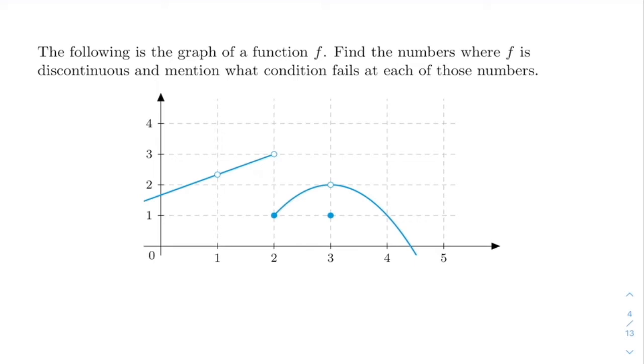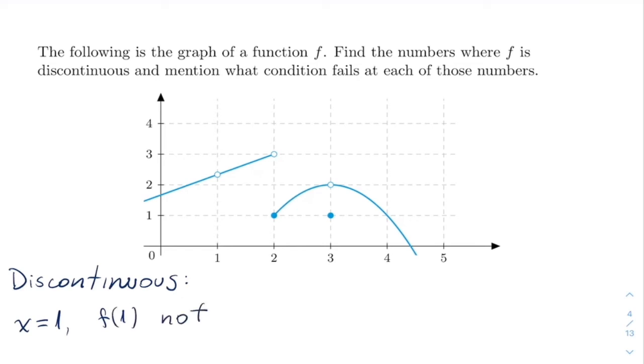Let's try to see this definition in an example. So here we have the graph of a function f, and we need to decide where it is continuous and where it is discontinuous. So notice that the first point where it fails to be continuous is at x equals 1, because the first condition fails. So at x equals 1, f of 1 is not defined.